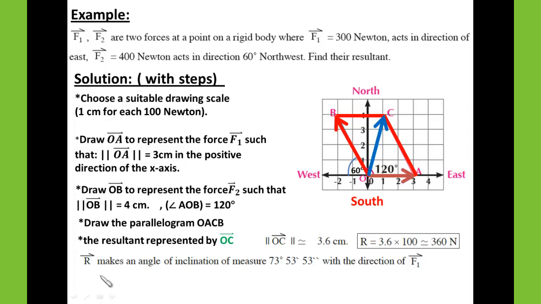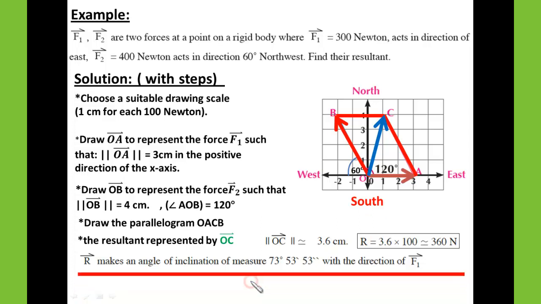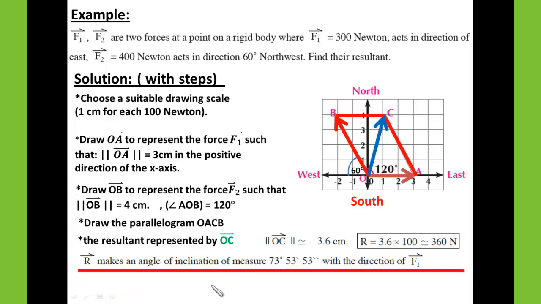And R makes an angle of inclination 73 degrees 53 minutes 53 seconds with the direction of F1. The measure of angle AOC equals 73 degrees 53 minutes 53 seconds. And this is the solution for this problem.